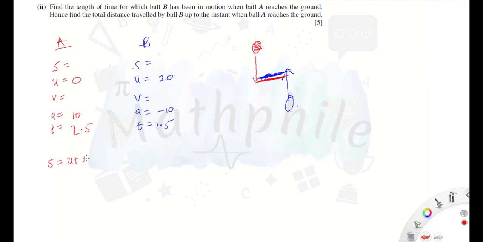U is 0, so S equals 5 times 2.5 squared. It's 31.25.